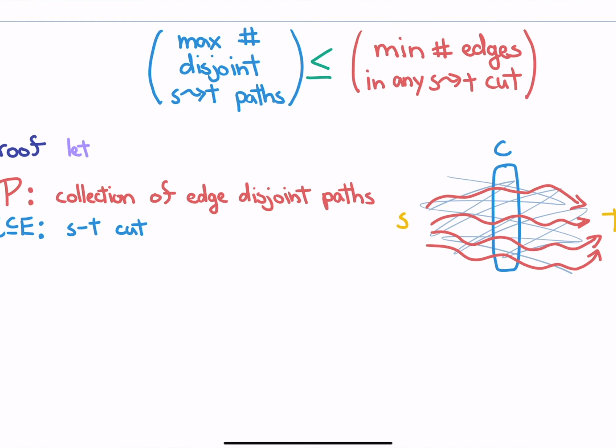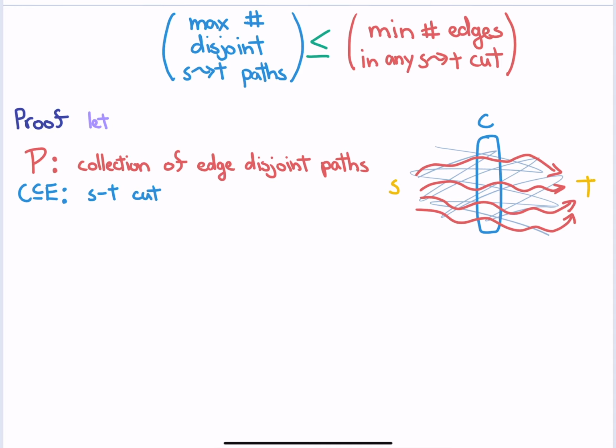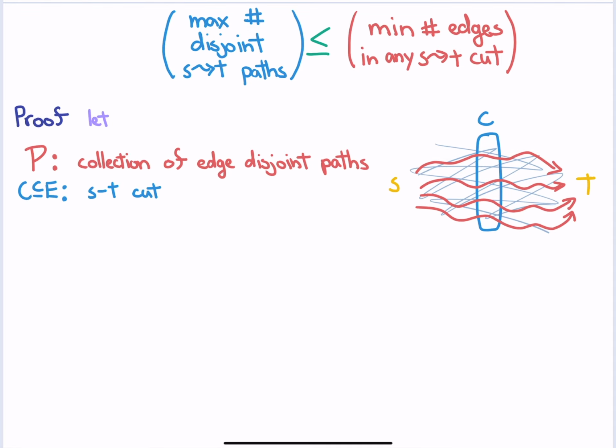All right, so how are we going to prove this? Let's let P, script P, denote a family of edge disjoint S to T paths, and C be a set of edges that forms an S to T cut. So P, everything is going to be edge disjoint.